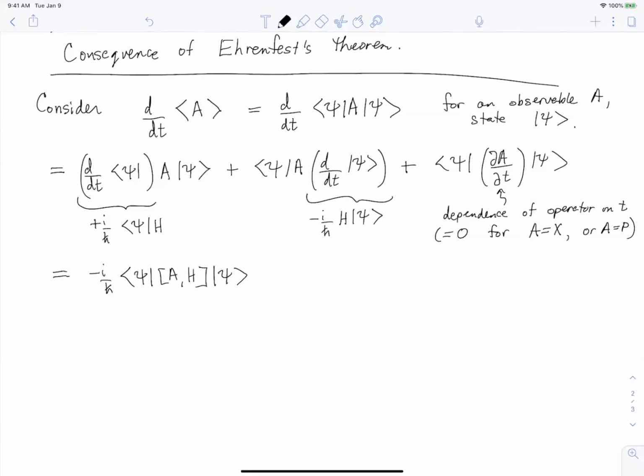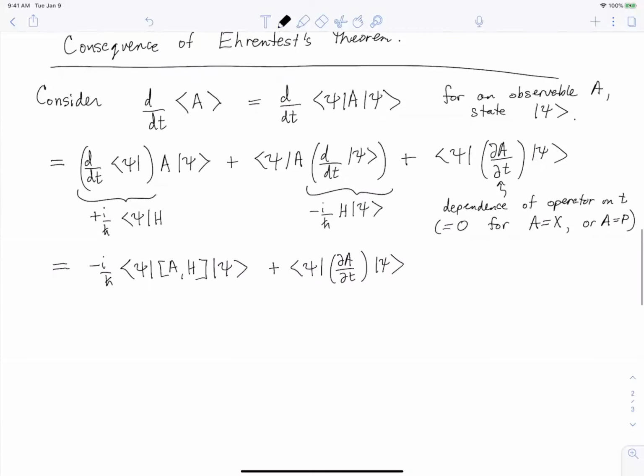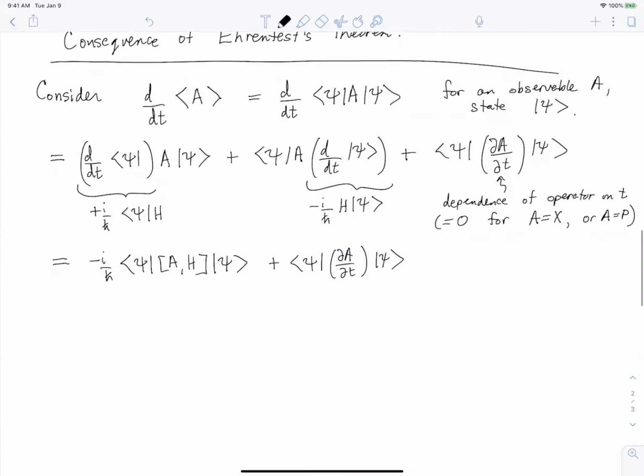Okay, plus psi, partial derivative of A with respect to t, psi. And now it's reassembled back into a sum of expectation values.